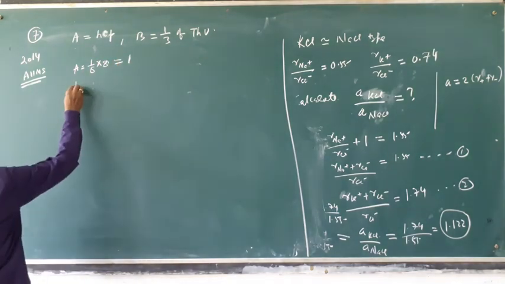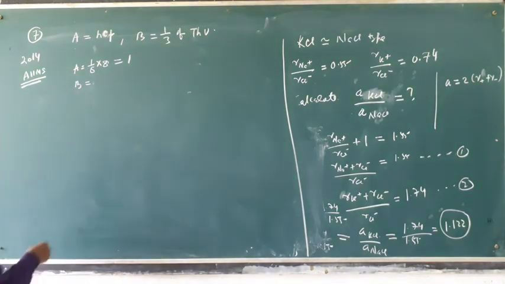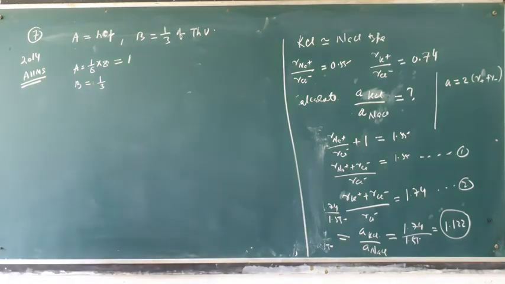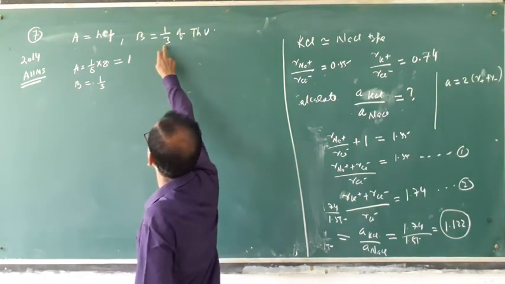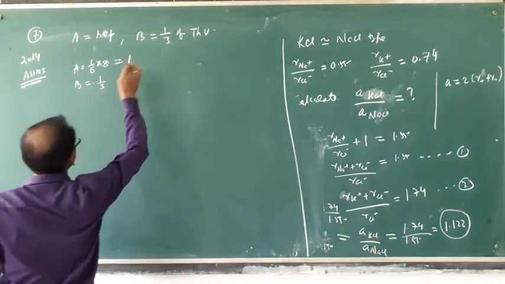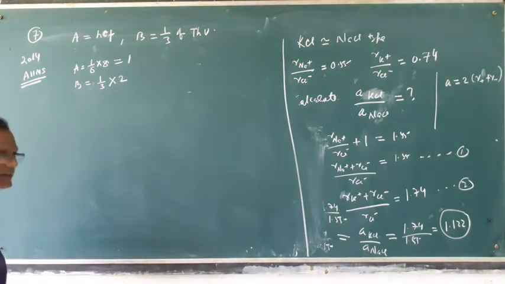And for B, B is 1/3 of tetrahedral voids.